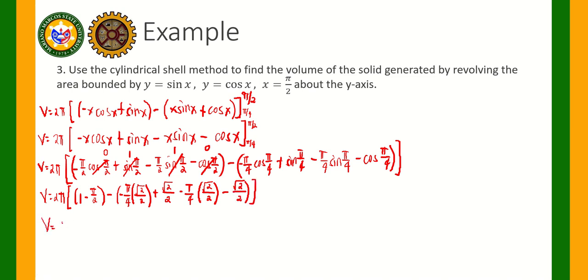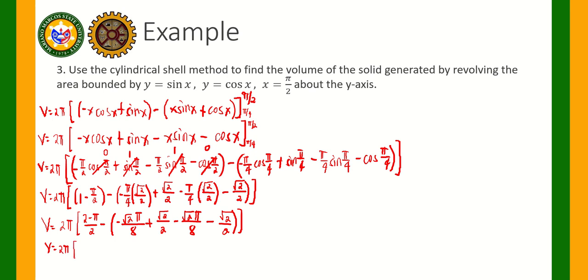So, simplify natin. This is equal to 2 pi. And then, 1 minus pi over 2, that is equal to 2 minus pi over 2. So, pinagsama lang natin. And then, minus, dito naman, we have negative square root of 2 pi all over 8, plus square root of 2 over 2, minus square root of 2 pi over 8, and then minus square root of 2 over 2. So, distribute natin si negative.